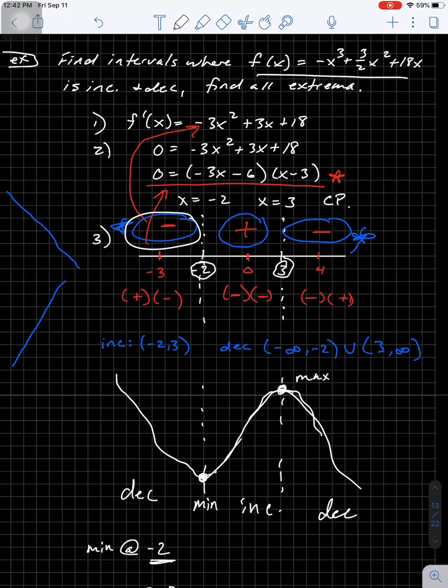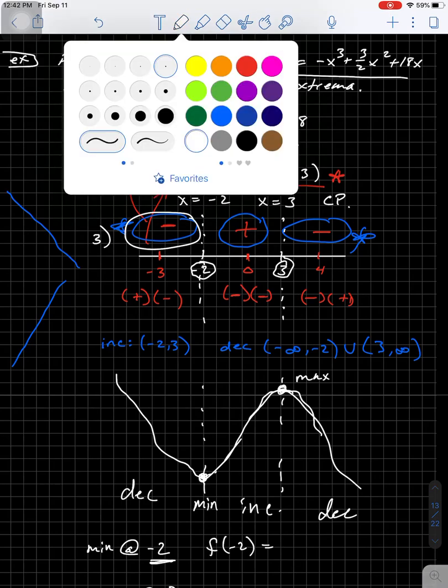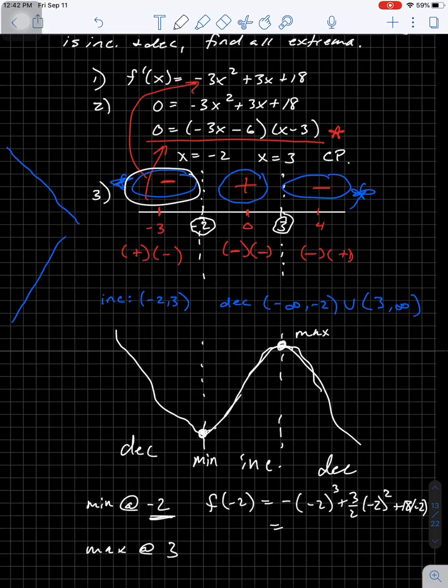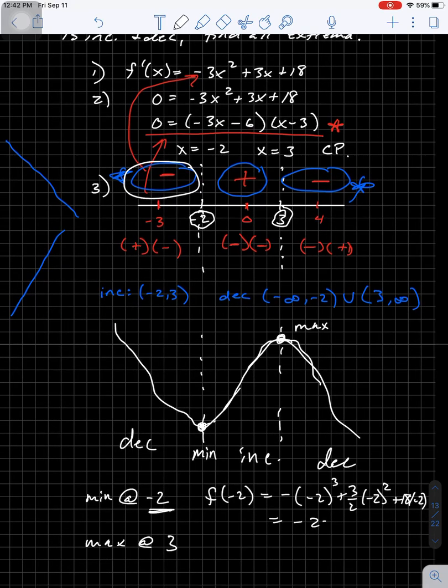So in order to find my minimum, I'm going to plug in f of -2 into my original equation. So it's -2 cubed plus 3/2 times -2 squared plus 18 times -2, and that ends up giving you, I think it's -22 if I did my math right.